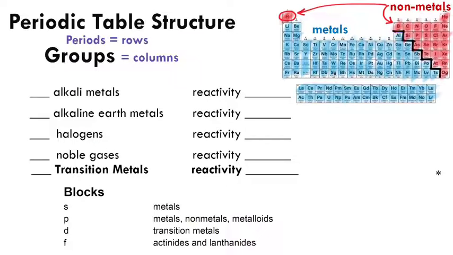Back to the top, our alkali metals are in group 1. That is this first column of the periodic table here, lithium to francium. Hydrogen is not an alkali metal because it is not a metal. Remember that these elements in this first column all have one valence electron.